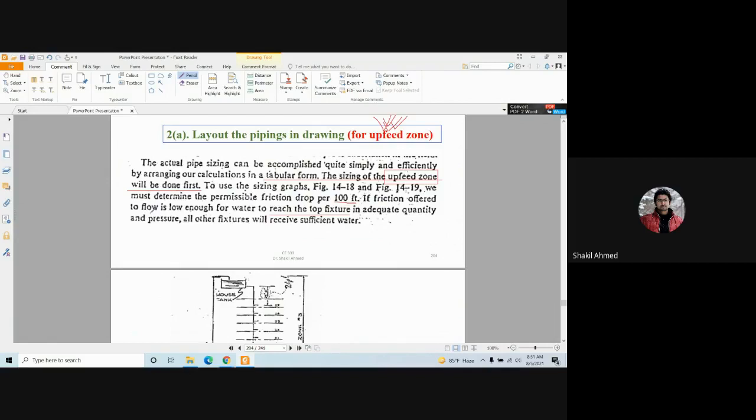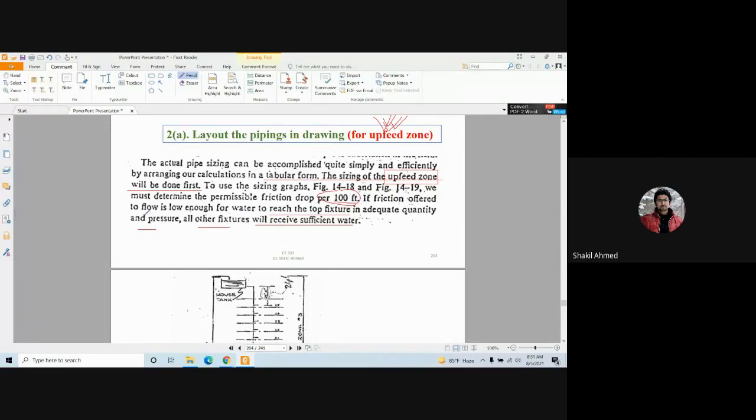If friction offered to flow is low enough for water to reach the top fixture in adequate quantity and pressure, all other fixtures will receive sufficient water. As I told you, we must determine the permissible frictional drop per 100 feet to use that figure and calculate what pipe size.